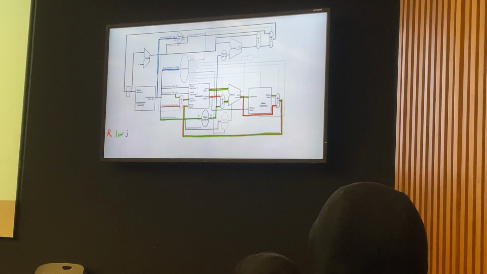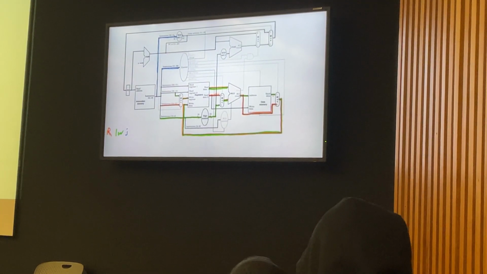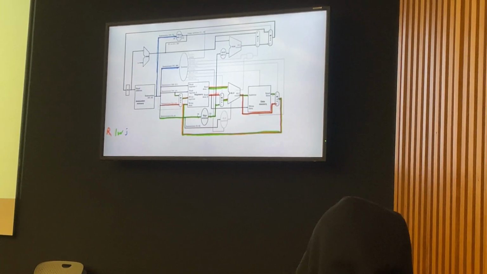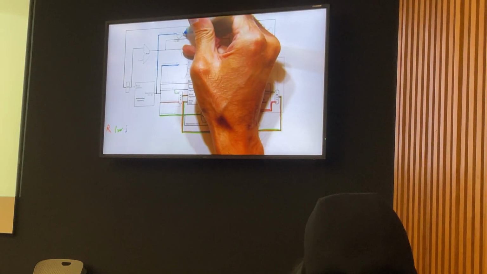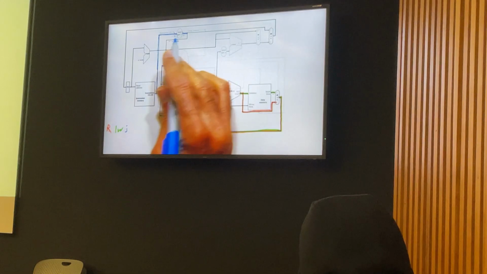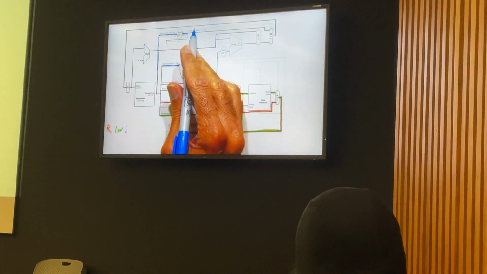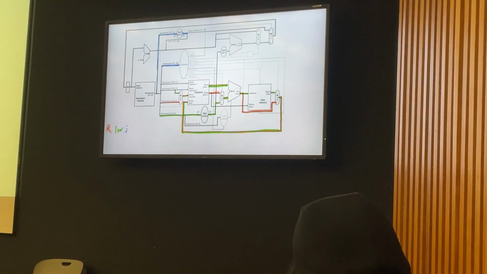You shift it left 2. That's what we did when we did jump. Remember, jump is an absolute word address, so we have to multiply by 4, which is the same as shifting left 2. That gets you 28 bits. How do we construct a 32-bit target address? We take the upper 4 bits of the PC and append it to that.